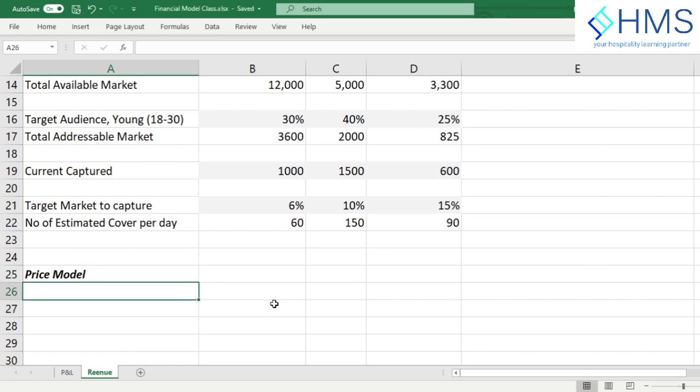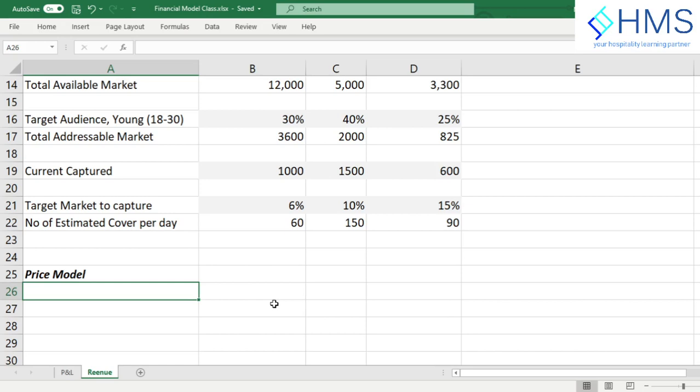In this case, usually if it's a restaurant, it has multiple items. Then you cannot set up the price for each and everything. Basically what you would say is, what are your signature items, what is the main thing that you are going to sell that will be driving maybe 50% or 60% or 70% of your revenue.